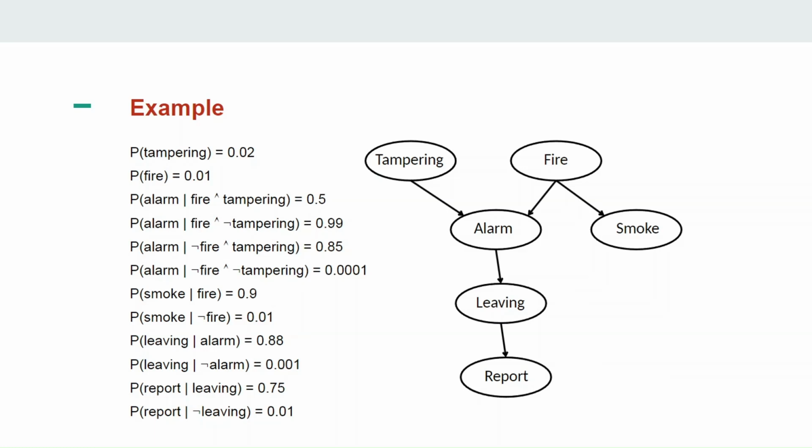So the probability of tampering being true is 0.02. So if my random value falls anywhere up to 0.98, it's false. If it falls in the last 2%, it's true. Would that make sense?